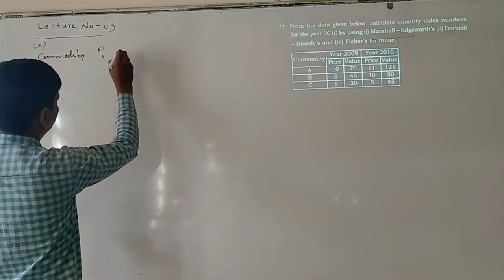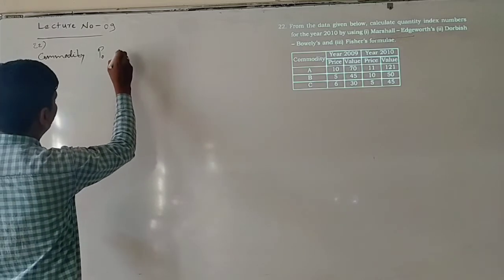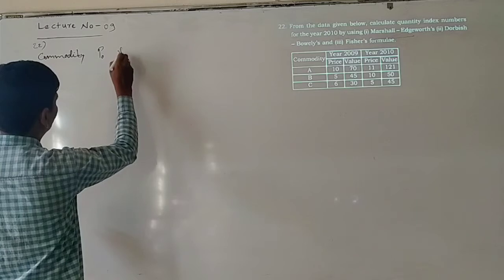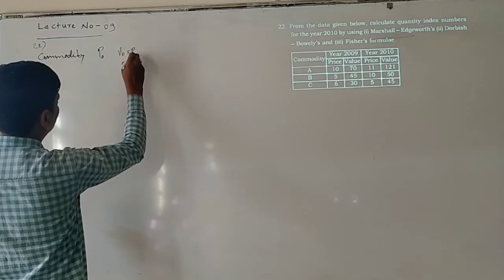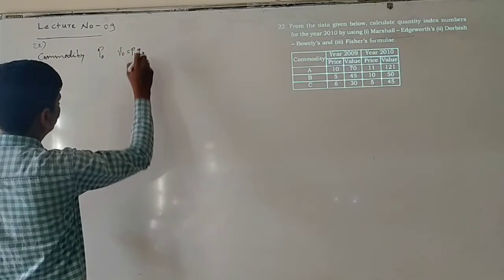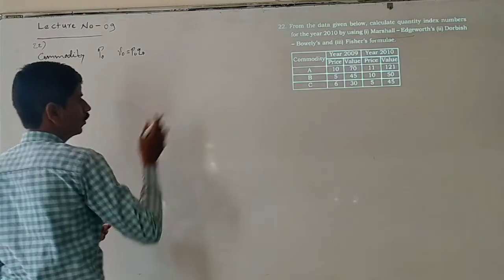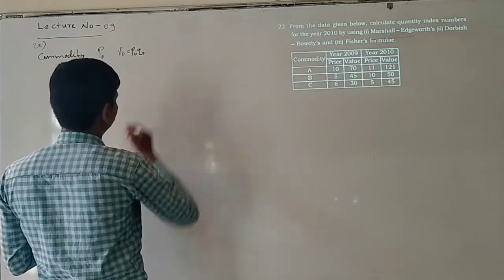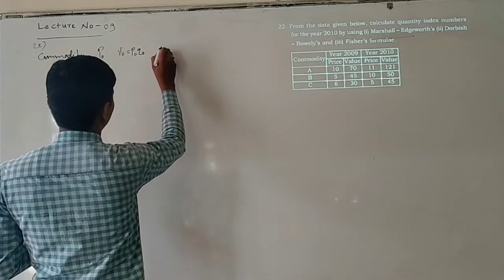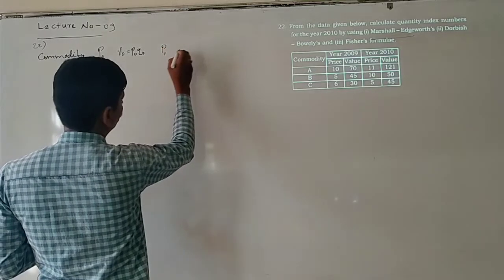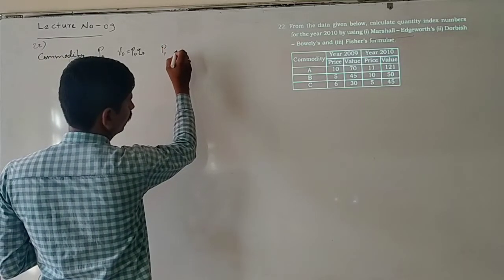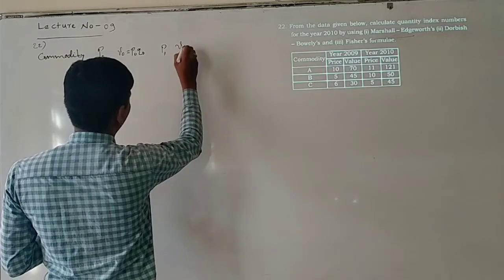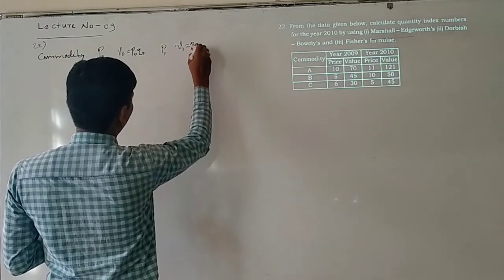Value in 2009, that is V naught, equal to P naught into Q naught. The next year 2010, that is P1. Then year 2010 value V1 equal to P1 into Q1.